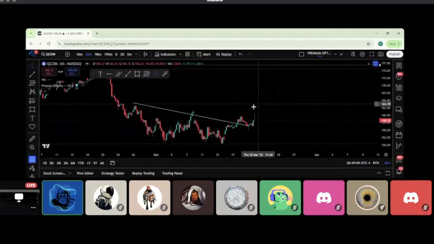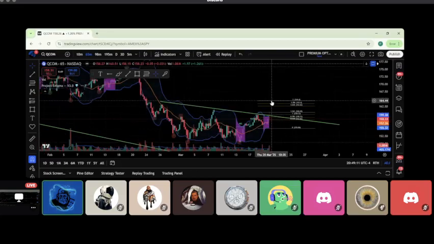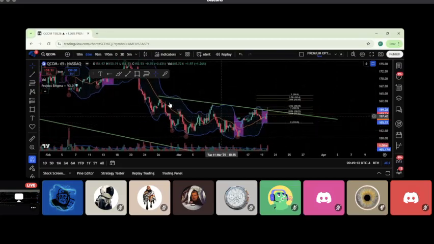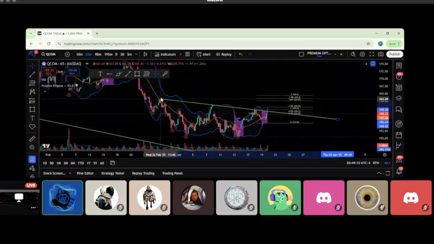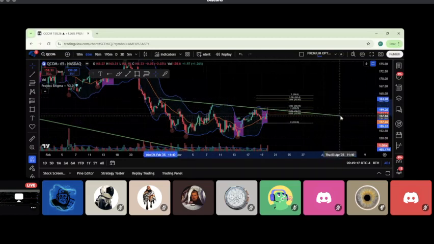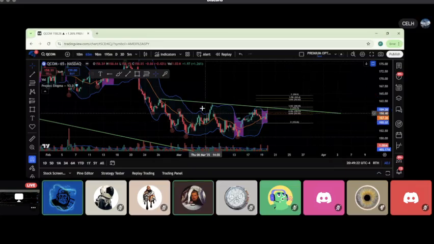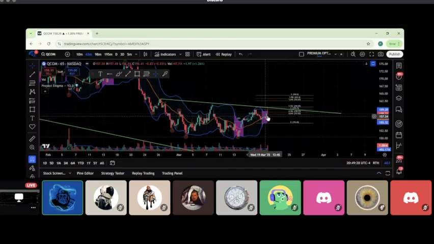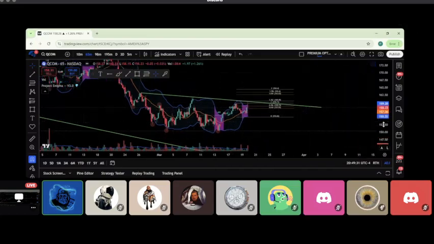All right. So we had a failed breakout here on the wedge, or a rejection. Yeah, failed breakout slash rejection, if you will. And another one of Papa's infamous wicks outside the Bollinger Band.